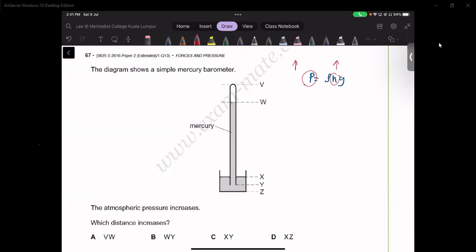Is it VW? Is it WY? XY? Or is it XZ? A, B, C, D.